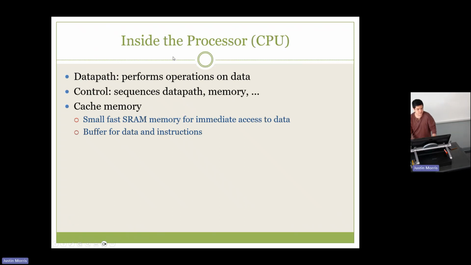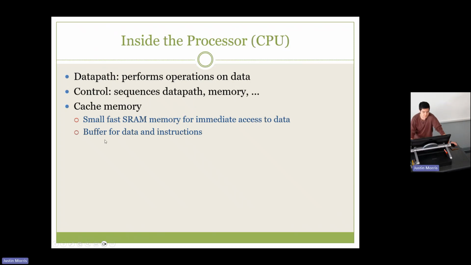All right, so inside the processor, we already talked about this. We have the data path, right? We have control. And then we also have this cache for memory. So this is the volatile memory that is going to be small but fast so that it can keep up with the much faster data path.